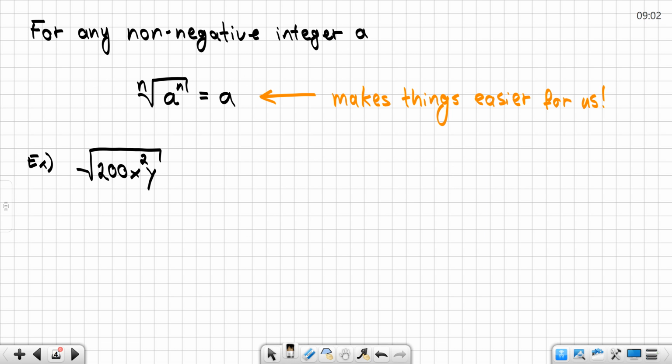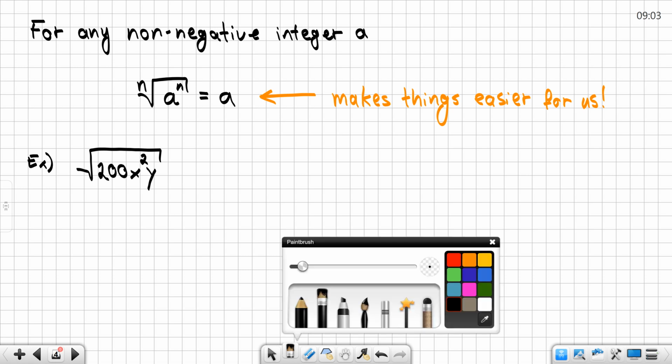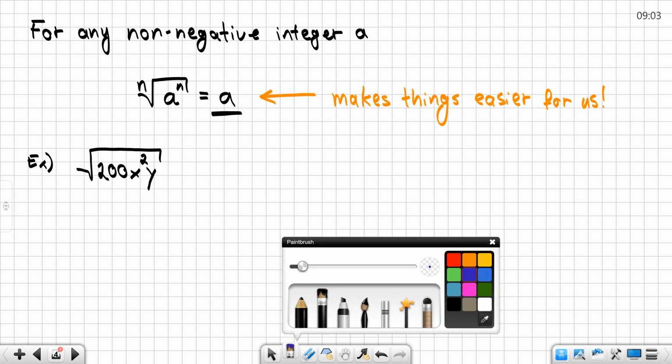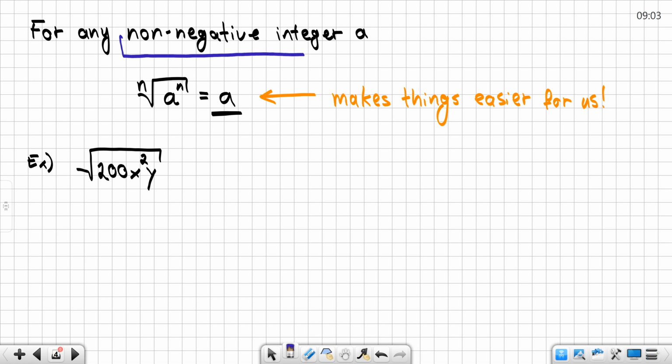From now on, we are ignoring even and odd radicals, and we just always say that the nth root out of something raised to the n power will be just a. This is going to make things easier for us. And why can I do this? Because in the next examples, we will always just say that I have no negative values inside my variables.